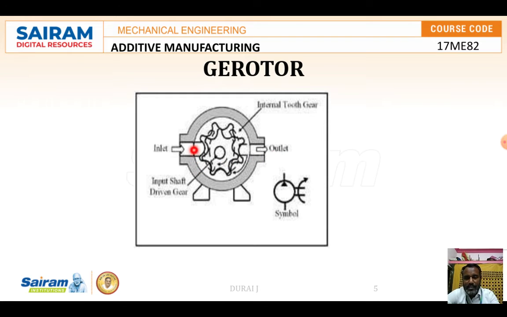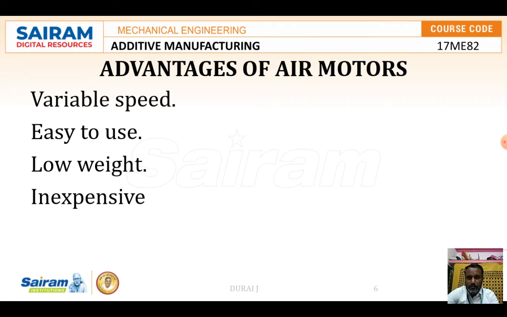The high pressure energy is absorbed by the internal gear, which rotates and meshes with the external gear so that it also rotates. This is the function of the generator.